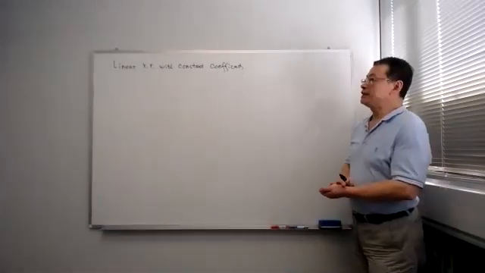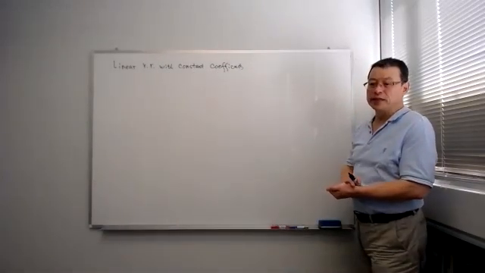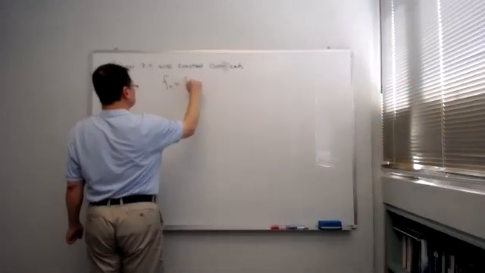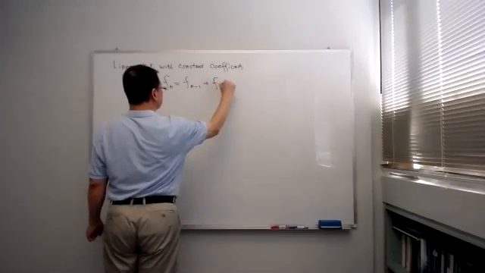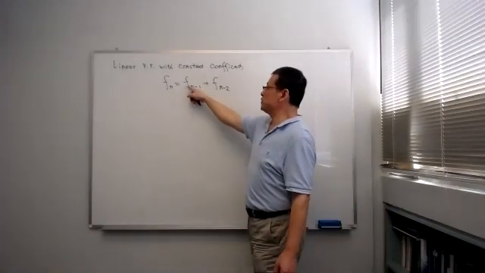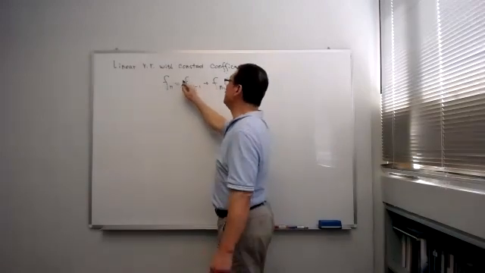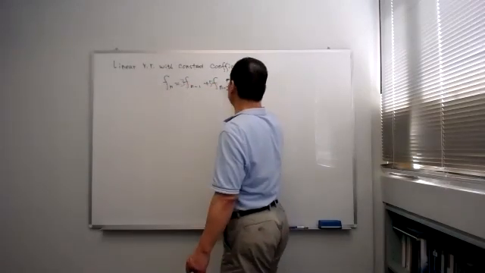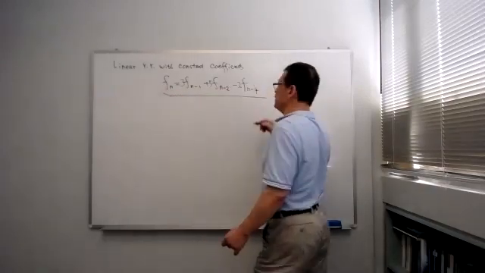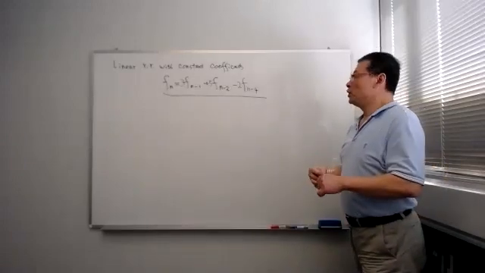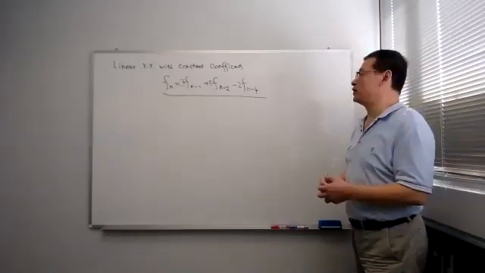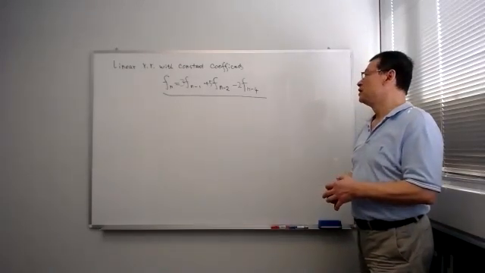One type of recurrence relation is a linear recurrence with constant coefficients, like the Fibonacci numbers. It's a linear combination of previous terms, and the coefficients here will be constants. So here maybe 3, here maybe 5, here -2 and -4. For this type of recurrence, we have a general way to solve it. In other words, we do have formulas for solving this type of recurrence relation.